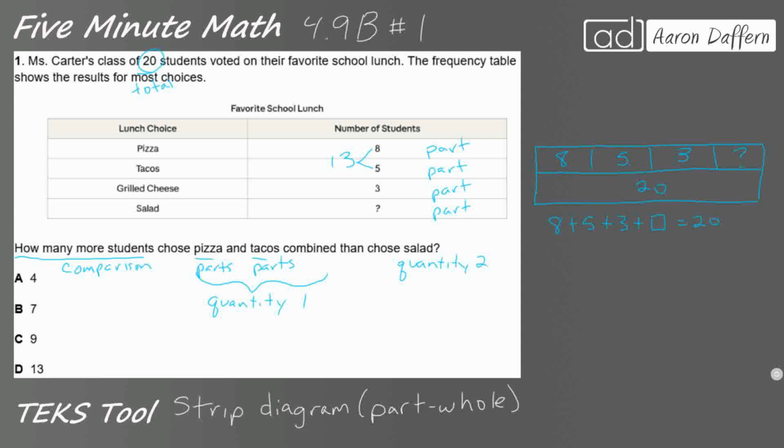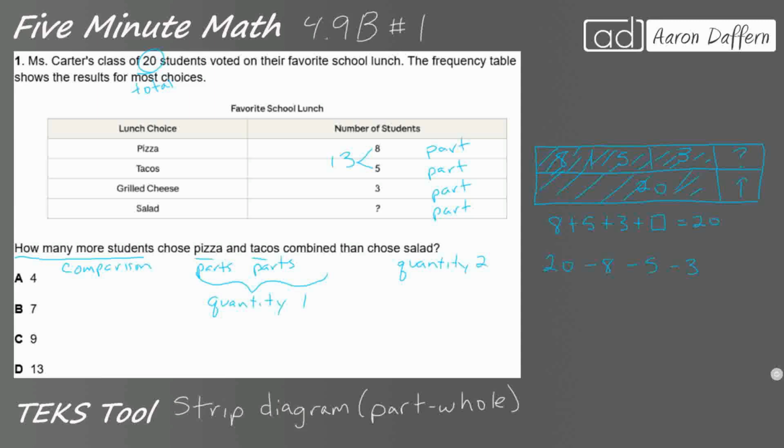Now, how do I actually solve for that missing unknown? Well, what we could do is take our 20 and start getting rid of the 8, the 5, and the 3. If we start peeling those parts away, the only thing that's going to be left is that part. See, if I were to draw a line right here and say I took away an amount equal to 8, 5, and 3, the only thing that's left is going to be this part that's equal to the unknown salad.